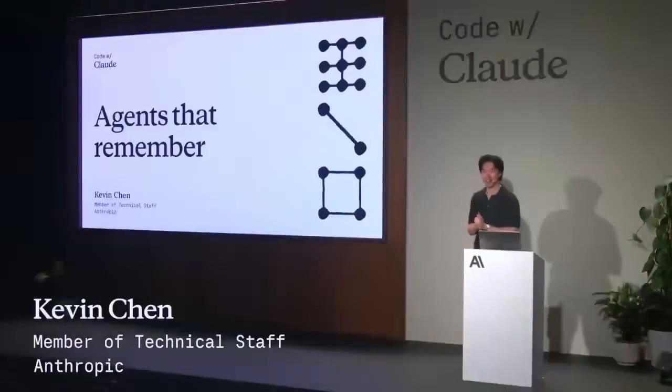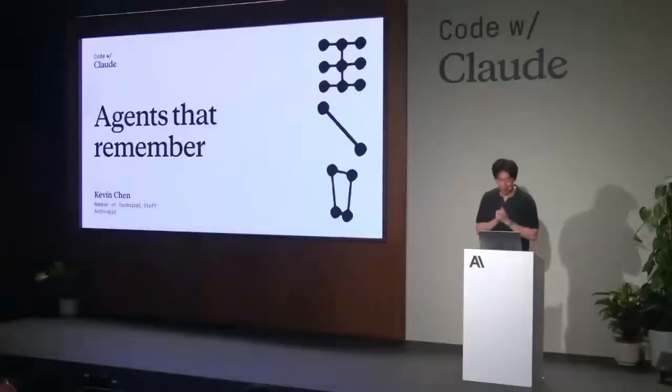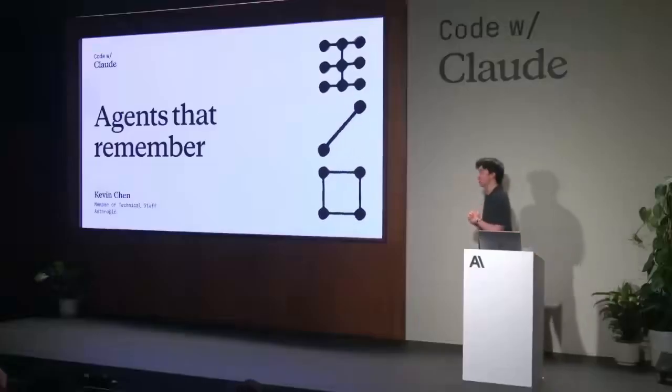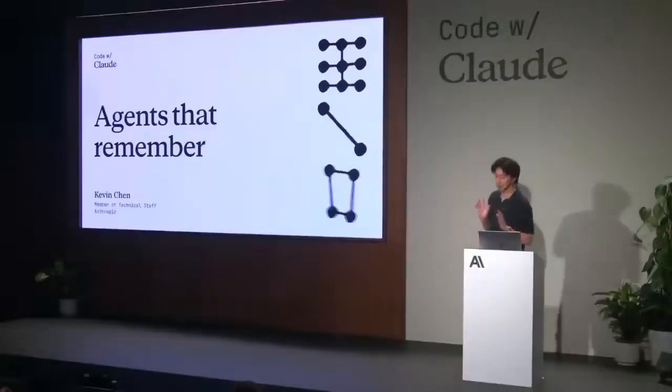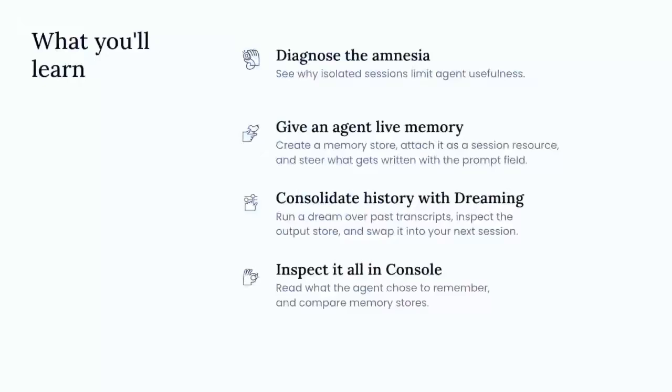Hey, my name is Kevin. I'm an engineer here at Anthropic, and today we'll be learning about how to build agents that remember. Today we're going to talk a little bit about the base case with agents, which is that they're isolated, and this limits their usefulness in a lot of real-world workflows.